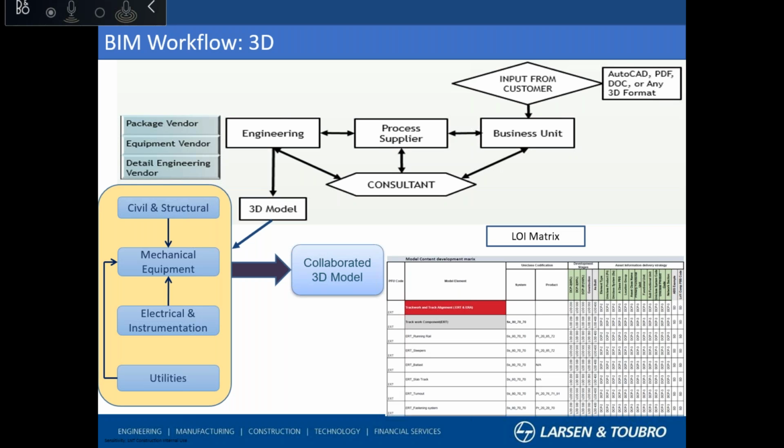Civil and structural teams prepare their 3D models and give them to the mechanical team. In the same way, electrical, instrumentation and utility. Then the collaborated model is prepared. In the same way, what I told you in the LOI matrix, all the details with the system and product Uniclass codification are available with structured details, and up to which level we have to break down that structure is also available with us, so we can easily make things for our use.